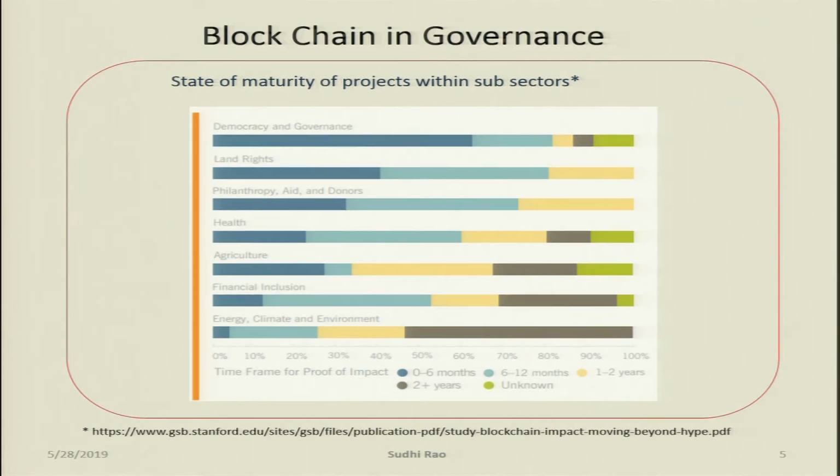For example, our RTI is aimed at ensuring transparency of information. What are the initiatives in those areas? What are the initiatives in land rights? Another very hot area, highly discussed. What are the initiatives in philanthropy, aid and donors? What are the initiatives in health and delivery of health? Initiatives in agriculture, initiatives in financial inclusion.